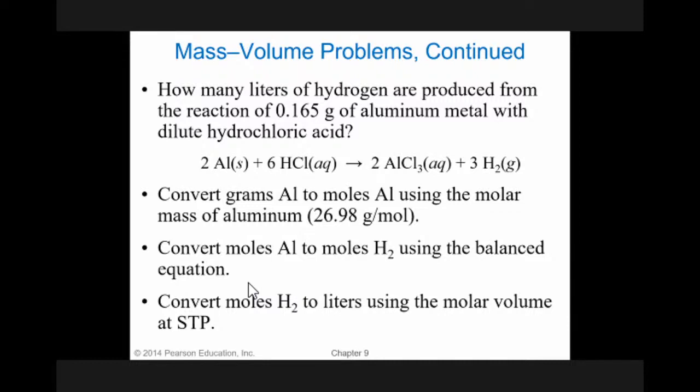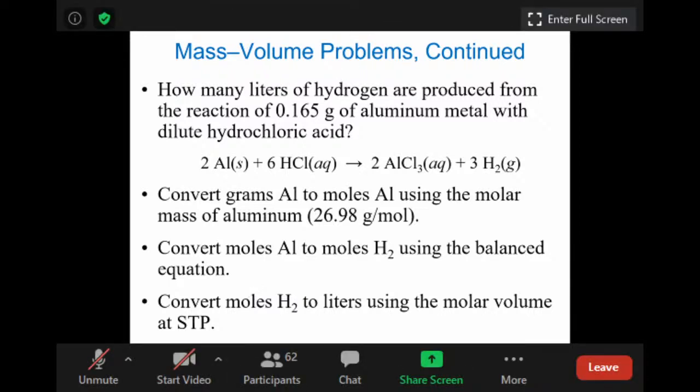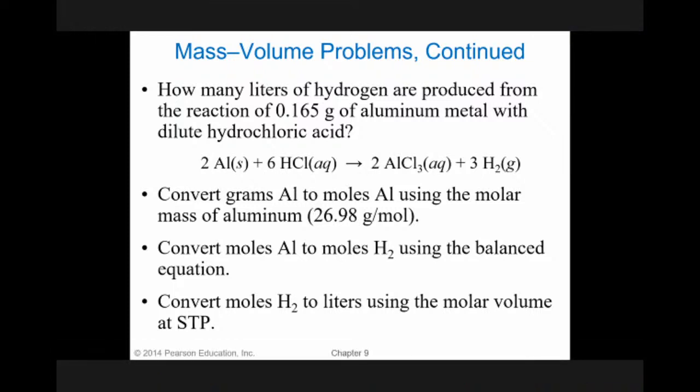Convert moles of aluminum to moles of hydrogen. So we take the moles we got from aluminum, and we're going to change that to moles of hydrogen. As you go from left to right, things are dropping off, and the solid material will be gone. But then you get to the end of the right. So therefore, using the balanced equation.